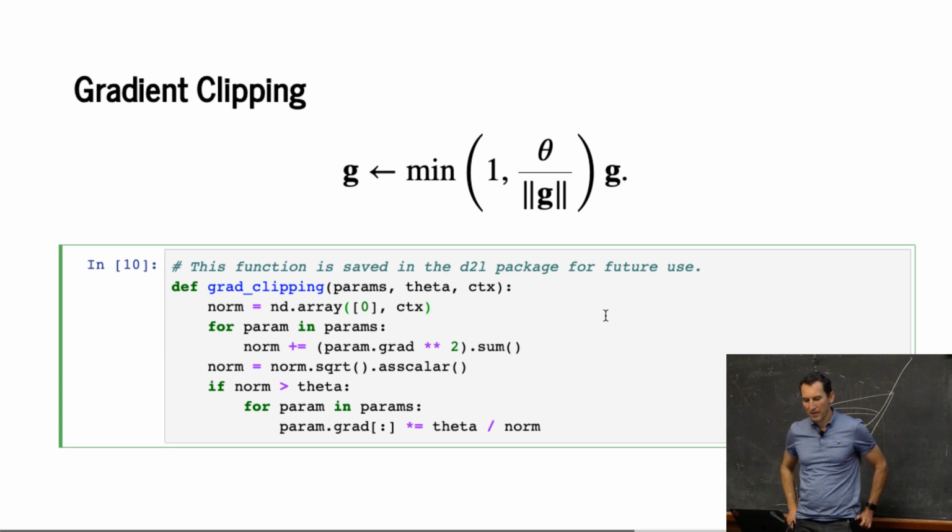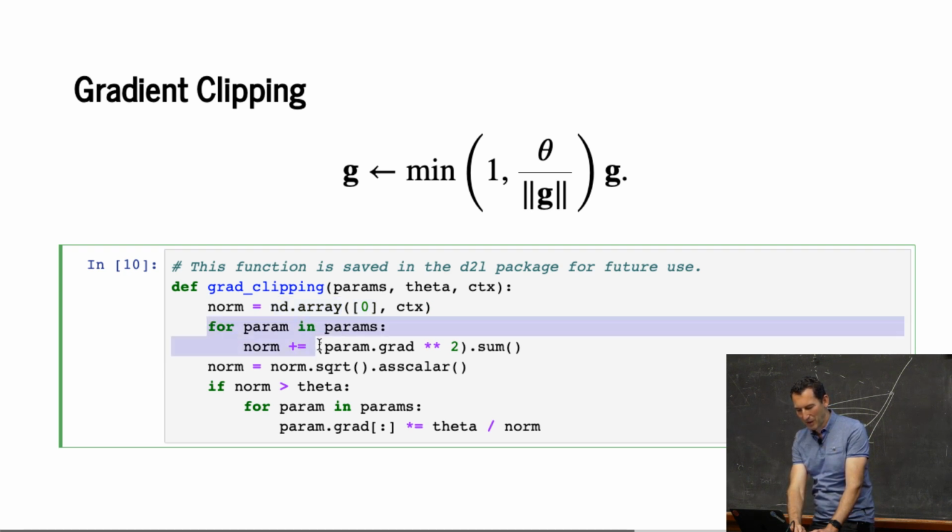So let's have a look at how you compute it. You basically create an array, and right now this is still a little bit silly because you create a zero-dimensional array, a scalar. Now for all the parameters in the parameter list, add the square norm.